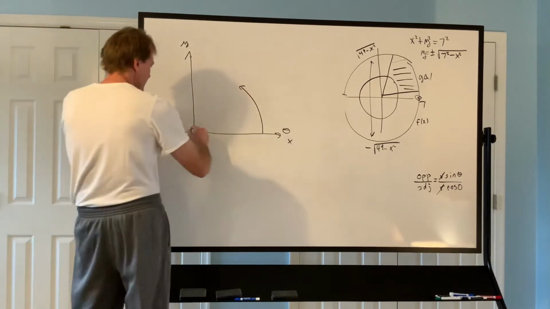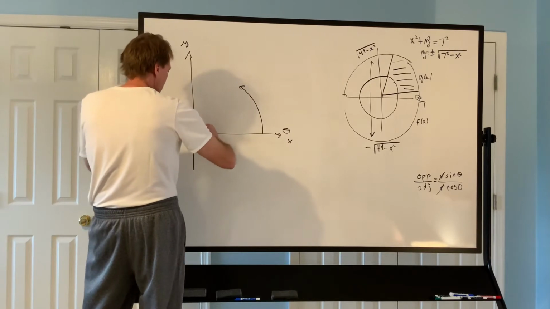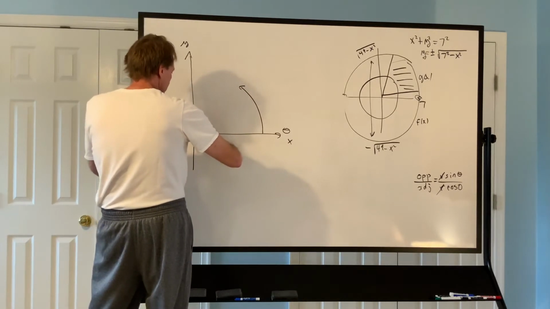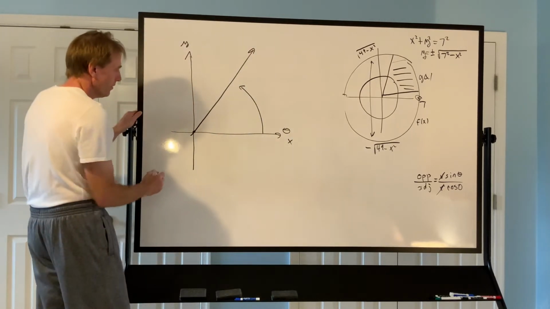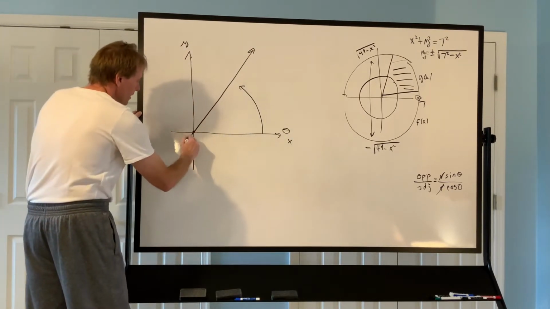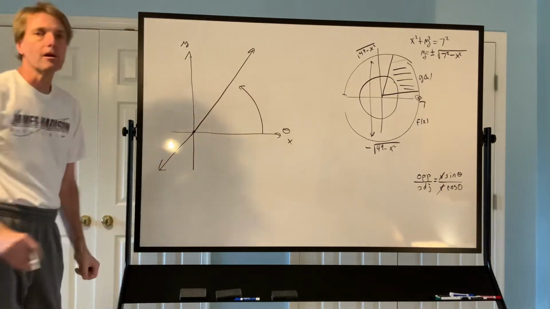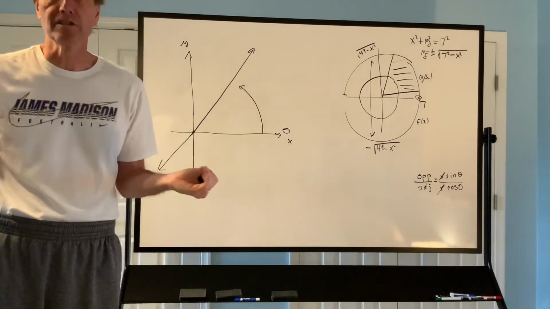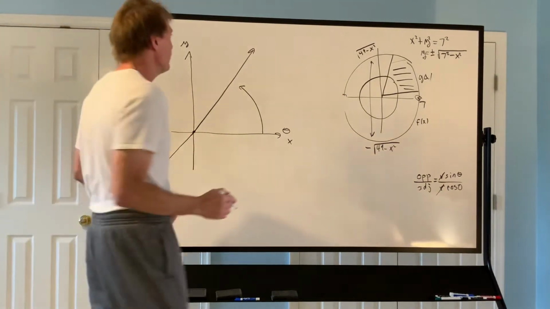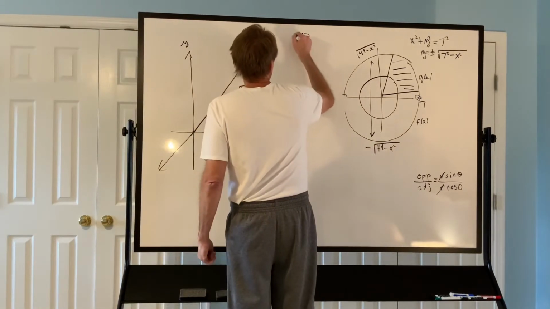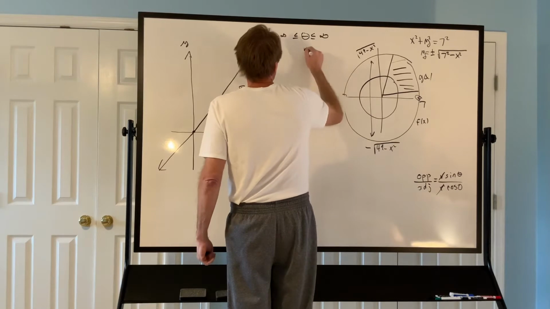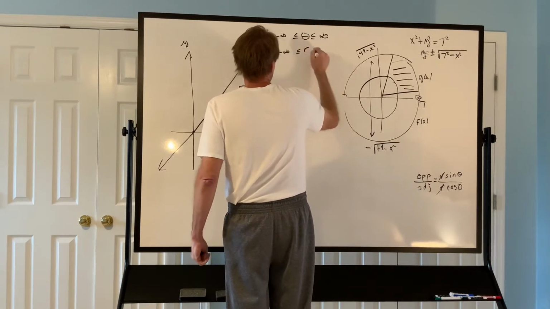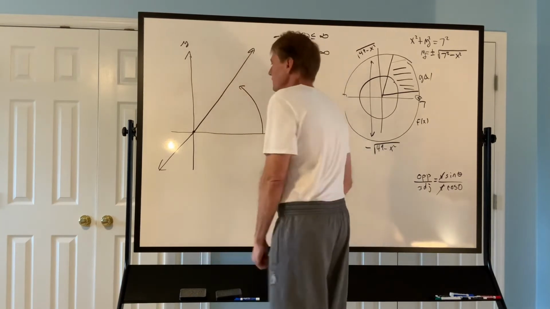My radial coordinate is going to run like this for a given angle theta, and then it goes this way if I'm thinking about r running between minus infinity and infinity. So I can think of theta as going between minus infinity and infinity, and I can also think about r as running between minus infinity and infinity.